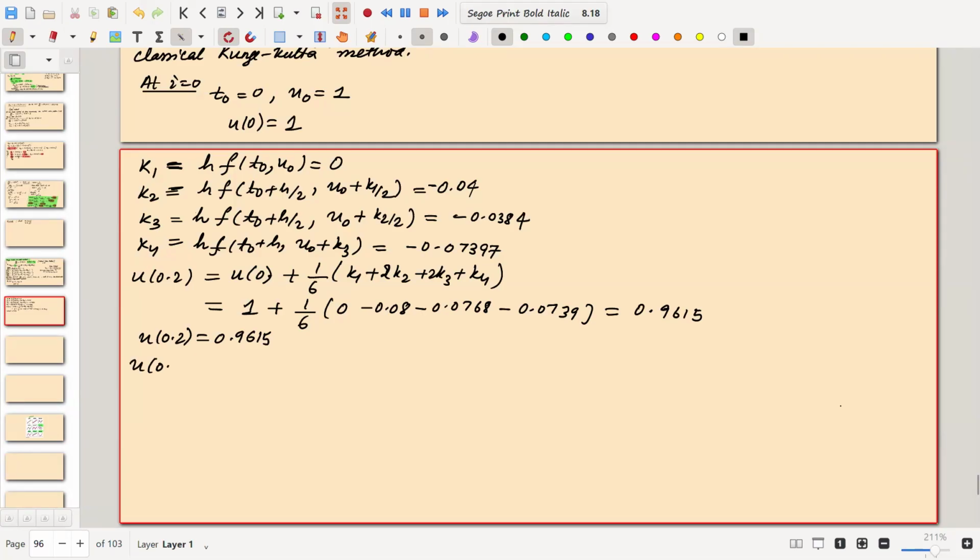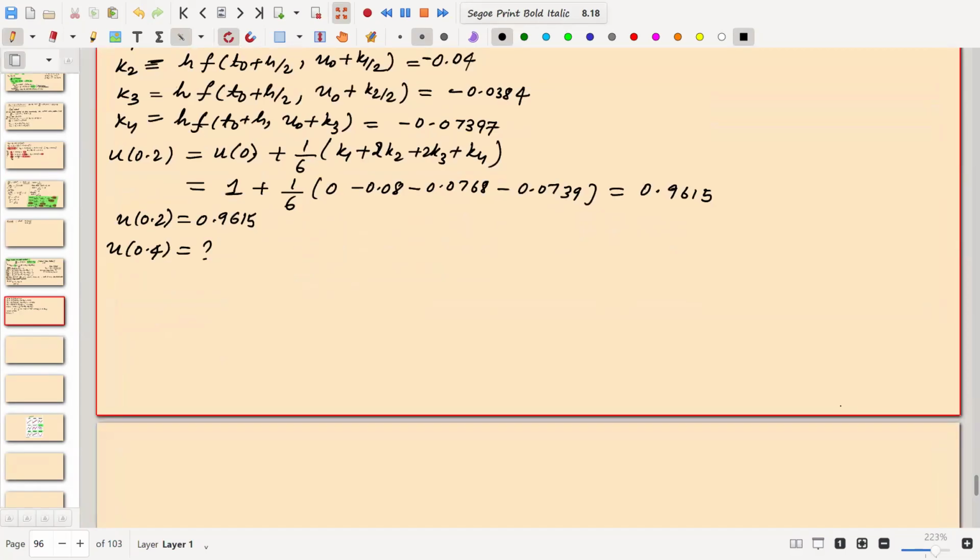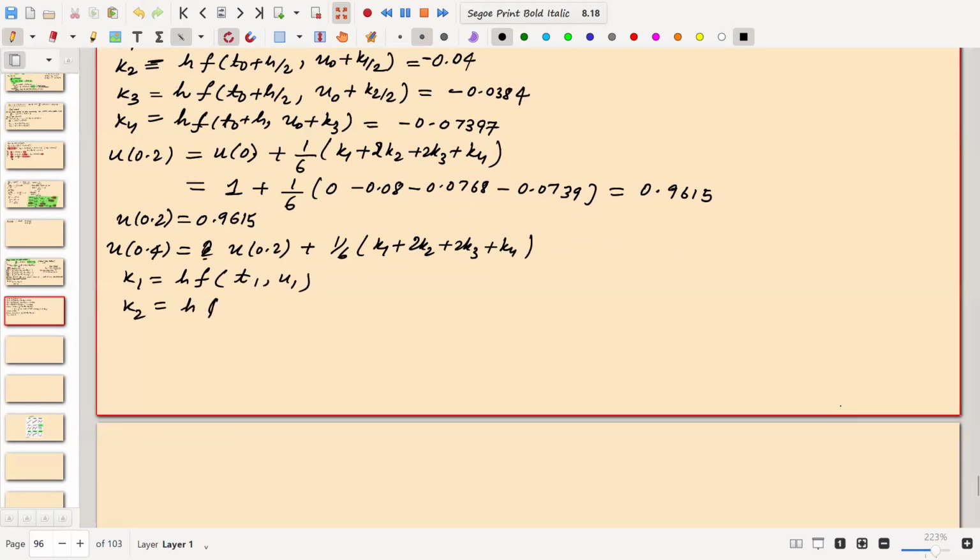Now, can you compute the next value? Our next is u at 0.4. So u at 0.4 is equal to u at 0.2 plus 1 by 6 times k1 plus 2k2 plus 2k3 plus k4, where k1 is now h into f of t1, u1. K2 equals h times f of t1 plus h by 2, comma, u1 plus k1 by 2.